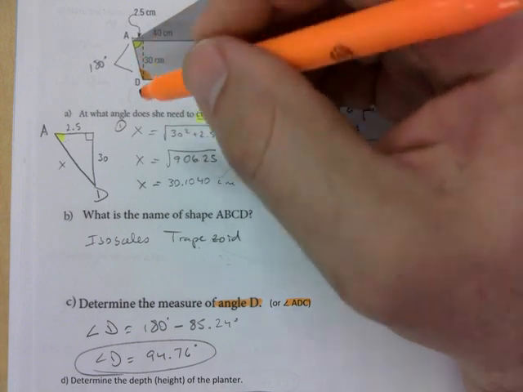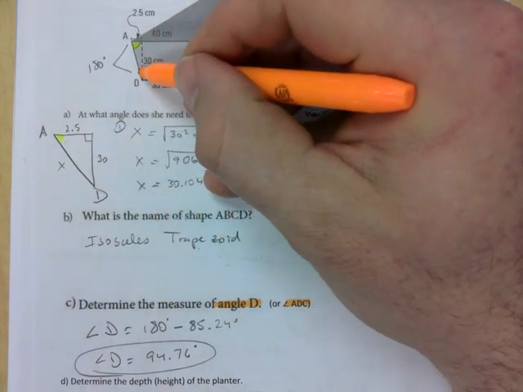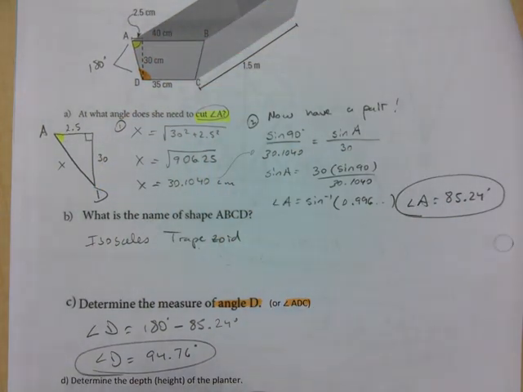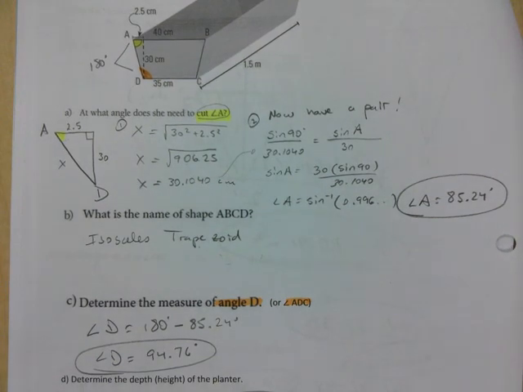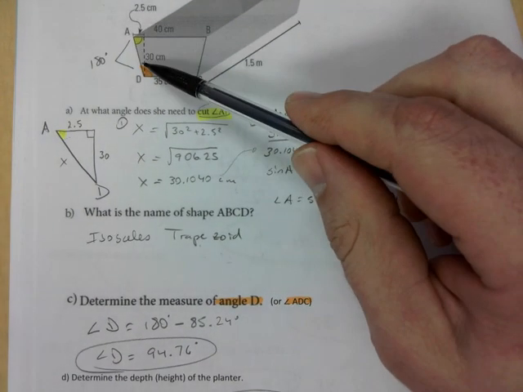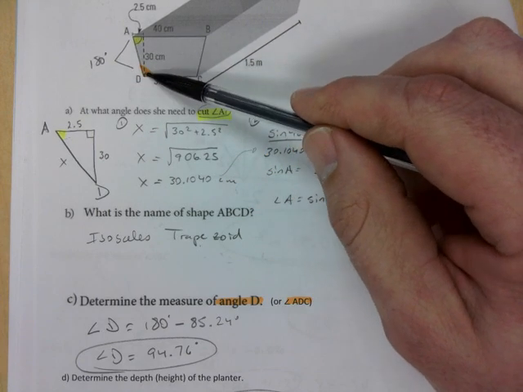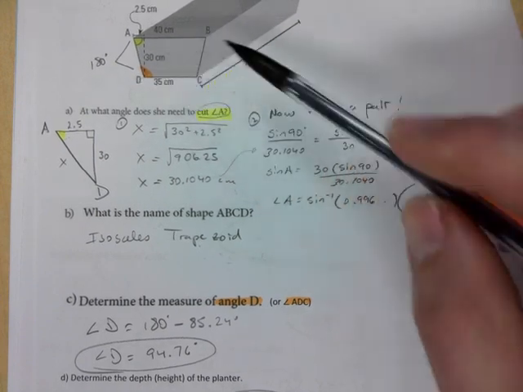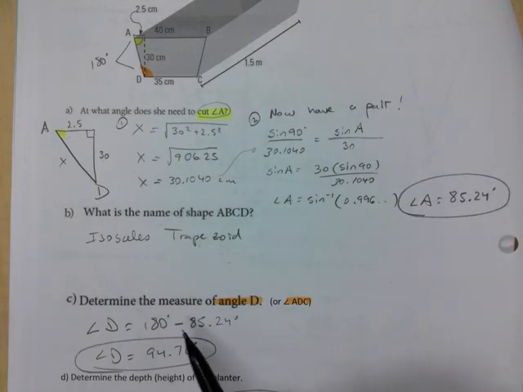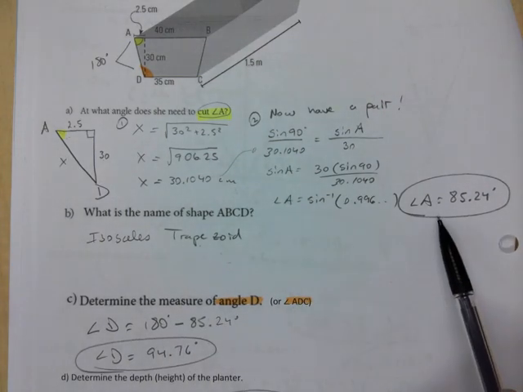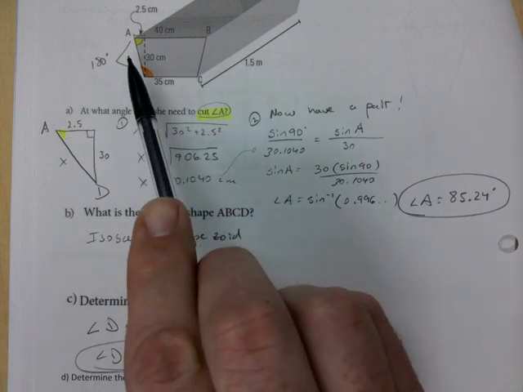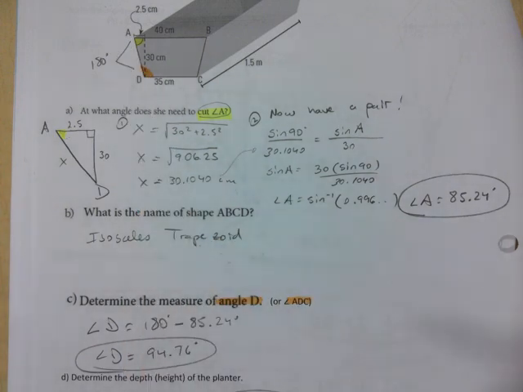This whole thing, not just the sliver here that's created by that dashed line and the slant, it's the whole thing. So remember, I know that on a trapezoid, these two angles here add up to 180. So you go 180 minus the one you just found earlier, which is A here, and you subtract that and you get 94.76. And this question was somewhat irrelevant.